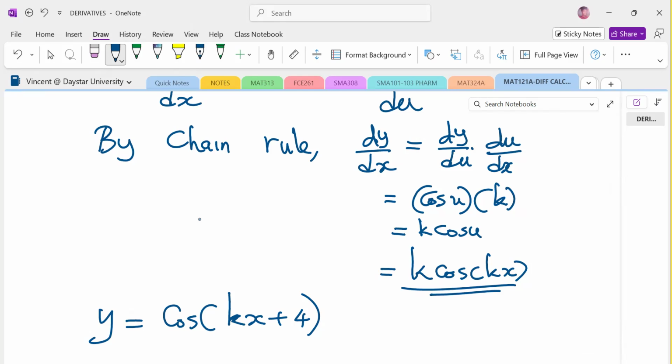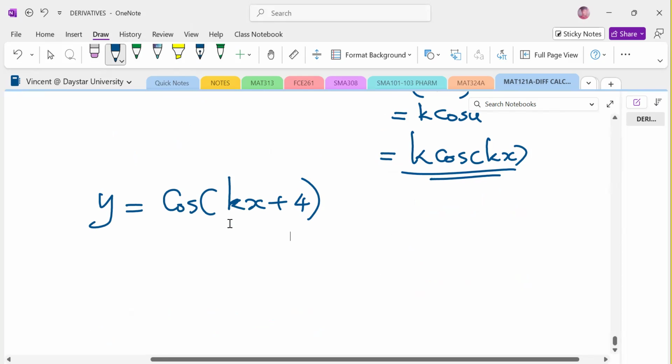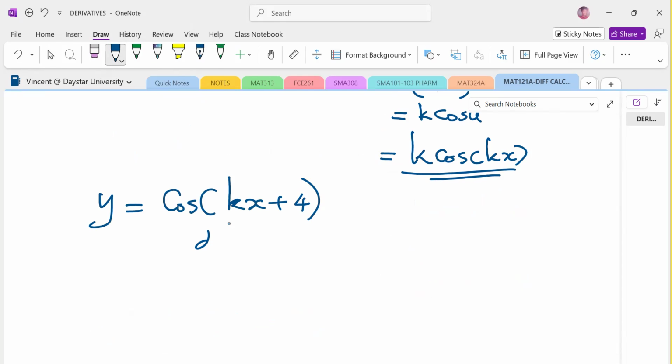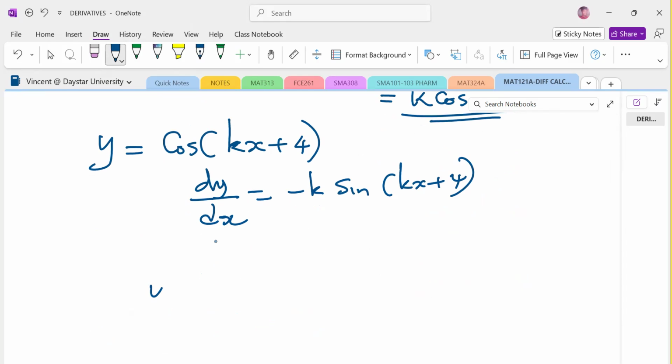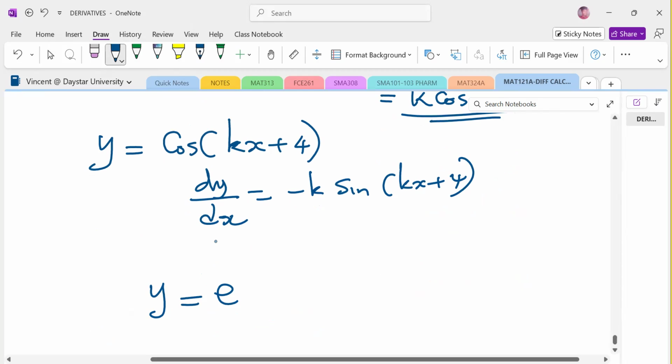That will give us... correct. So the value for dy dx, if you work it correctly, should be negative k sine kx plus 4. Then can you work out the dy dx for y equals e raised to the power kx?